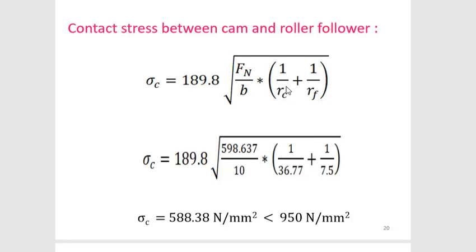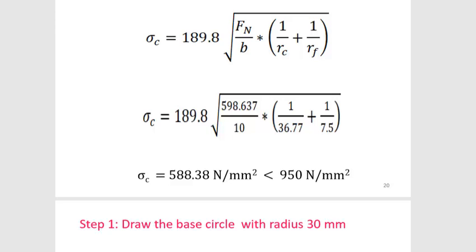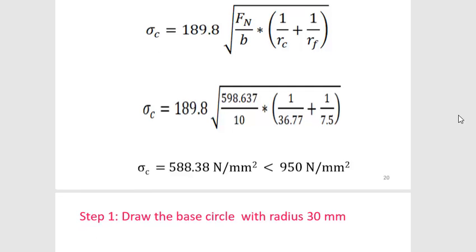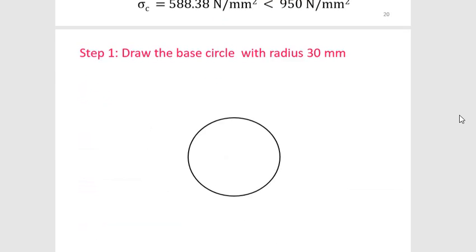After we have seen that the contact stress induced is safe, we can now draw the cam profile. To draw the cam profile, first we will draw the base circle with radius 30 mm.